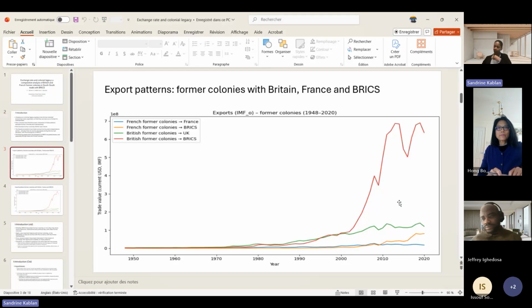So with this emergence, you have trade in natural resources, especially with African countries. Of course, they are not only trading with African countries. In our sample, there are not only African countries, there are other former colonies, but we also talk about the global value chain in which other countries may take part, which can be explained by the really strong growth of BRICS countries. I remember that during this period, the price of natural resources and commodities increased, and it was due to the strong growth of those countries.